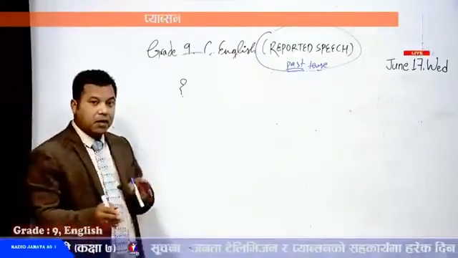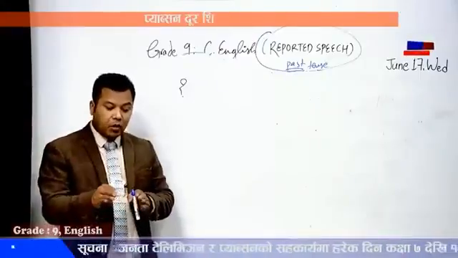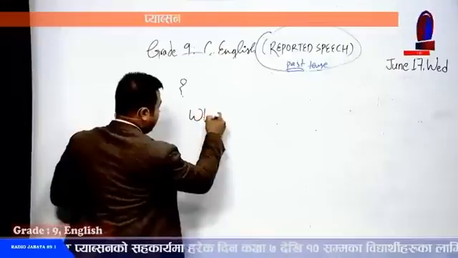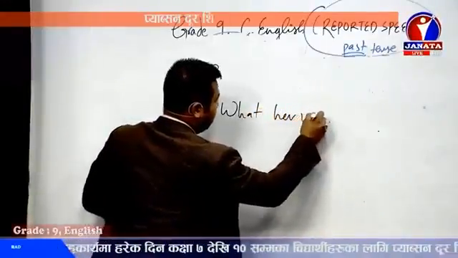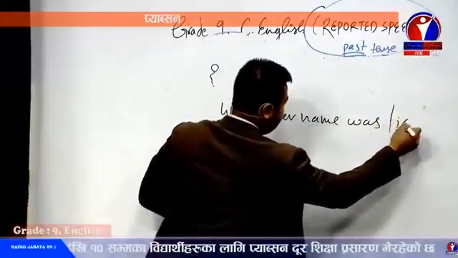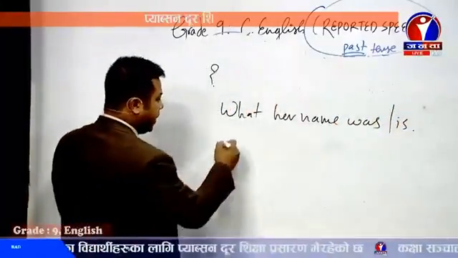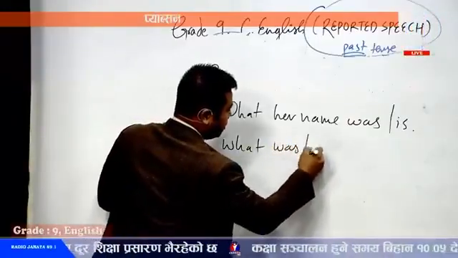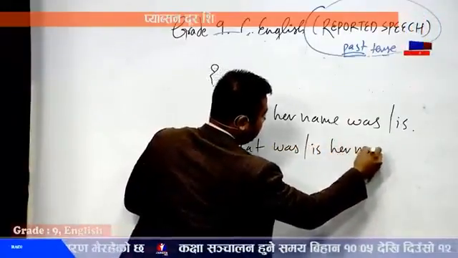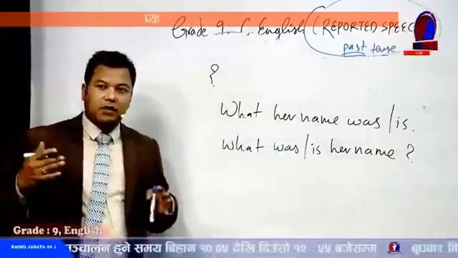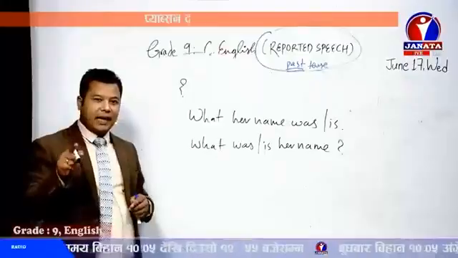So you have a transition there, and that is what her name was. See there, what is the difference? What her name was or is, with a full stop at the end, and what was or is her name, with a question mark.